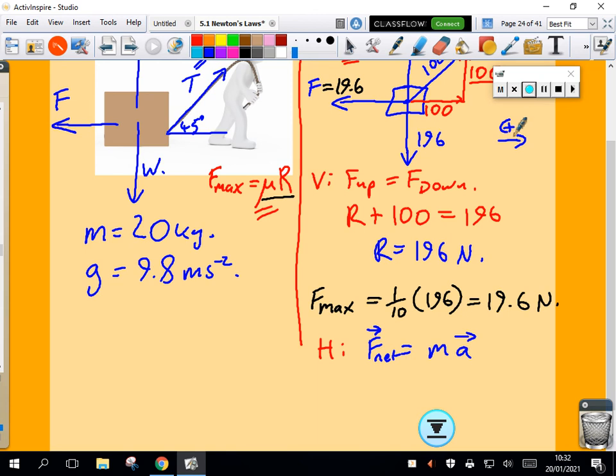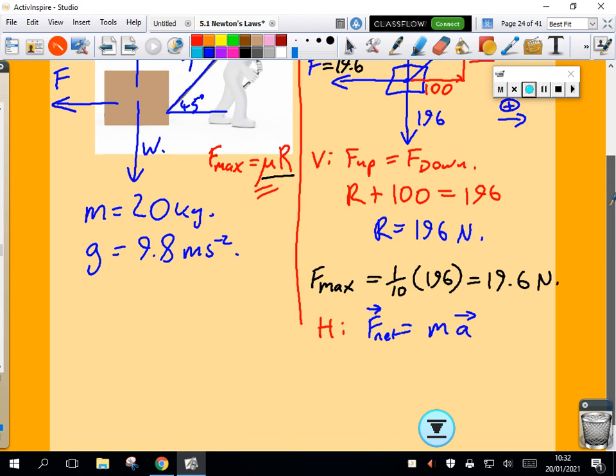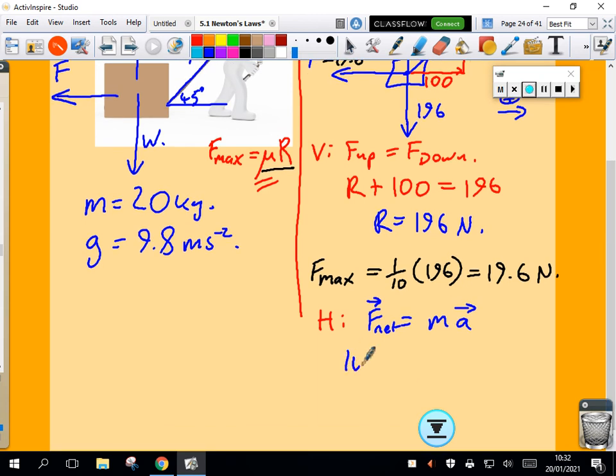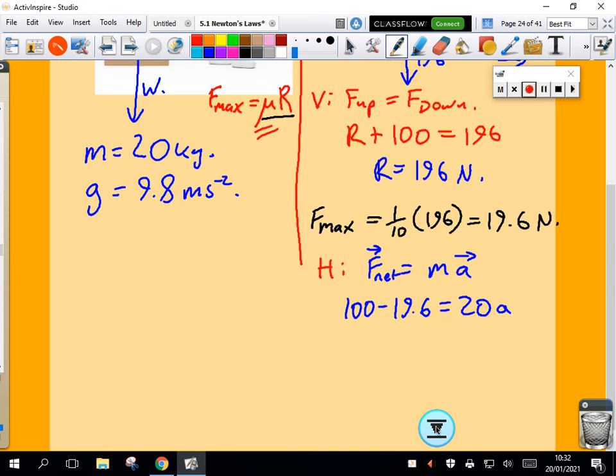Assuming a right positive system, that's going to be 100 minus 19.6. That's going to be my net force. And that's going to be the mass, 20, times the acceleration, whatever that is. 100 minus 19.6, I think that works out as 80.4, is going to equal 20a.